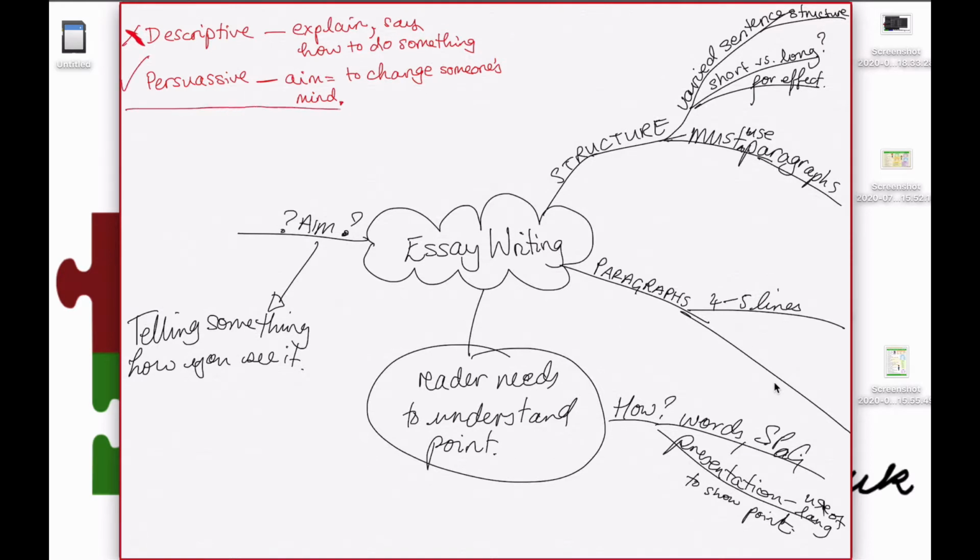Our aim when we write an essay, a good essay anyway, is to be persuasive. We want to present our point and say, this is what I think. So when we were talking about telling someone how you see it, this is your opinion. And you're going to argue your opinion to persuade someone to it.